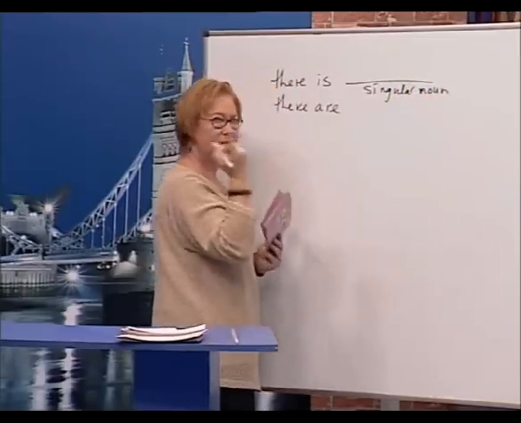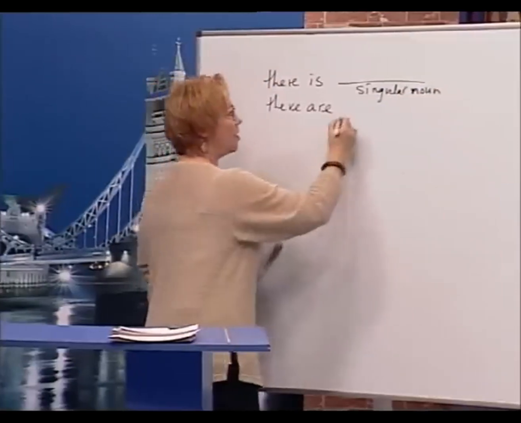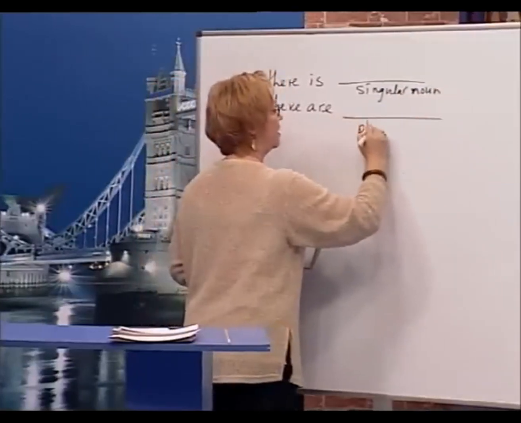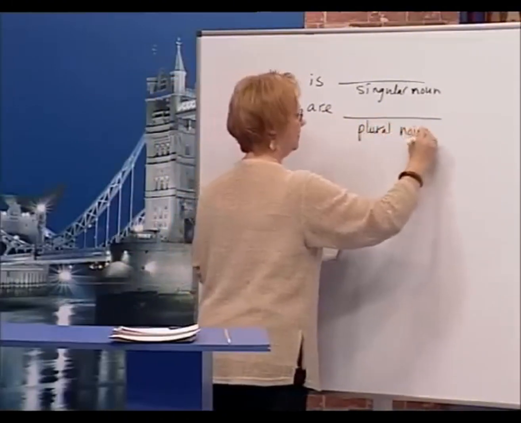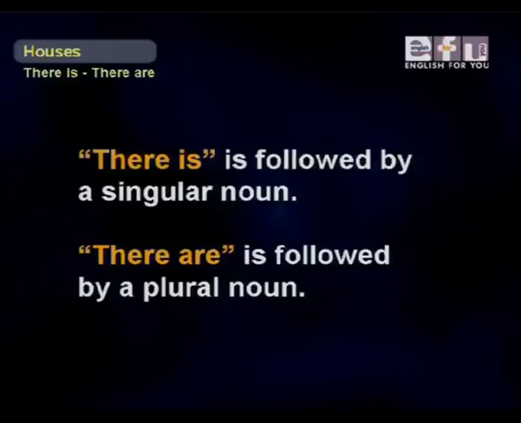Okay, one something. There are is followed by a plural noun. So there is is followed by a singular noun. There are is followed by a plural noun.